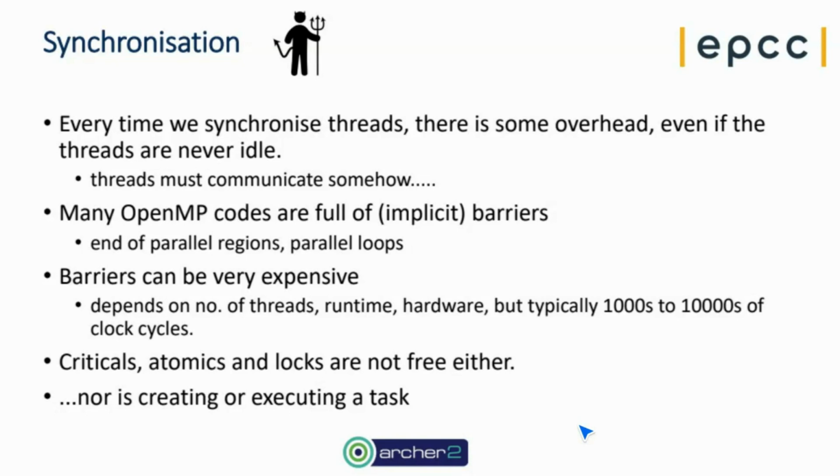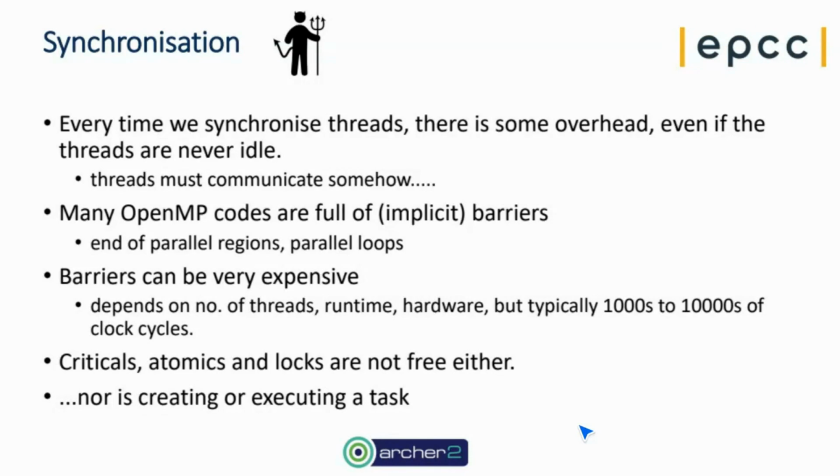As we'll see later on, it depends on the number of threads, the runtime, and the hardware, but we're looking at thousands to tens of thousands of clock cycles as typical. So on current machines, maybe tens of microseconds for a barrier.